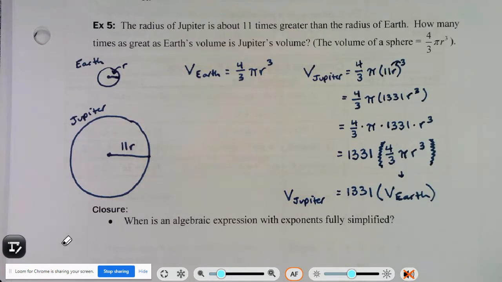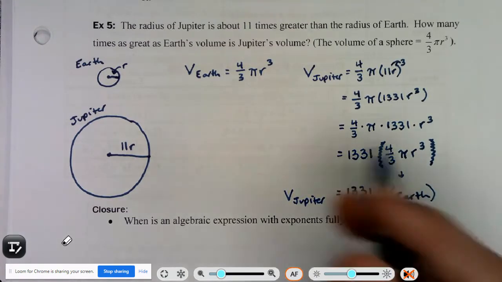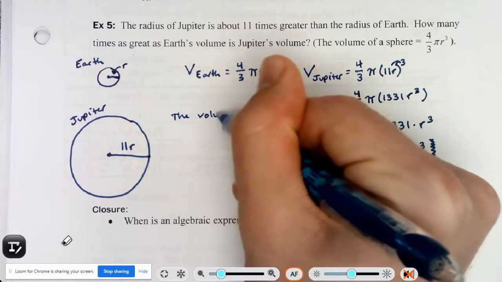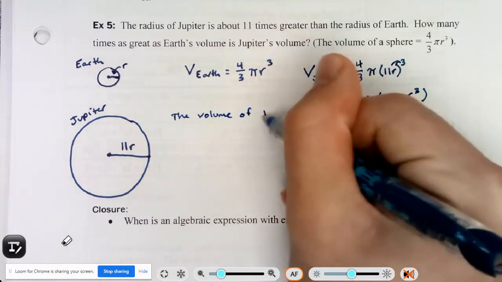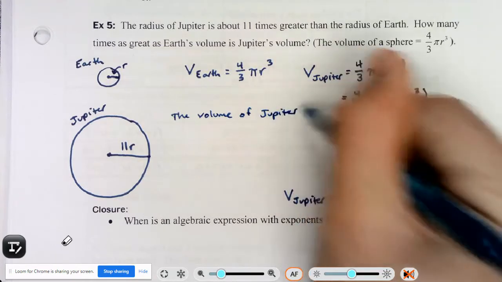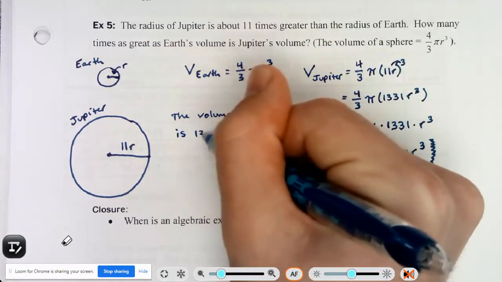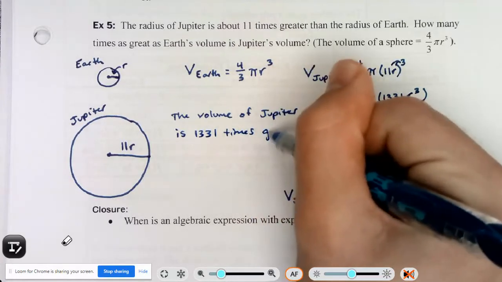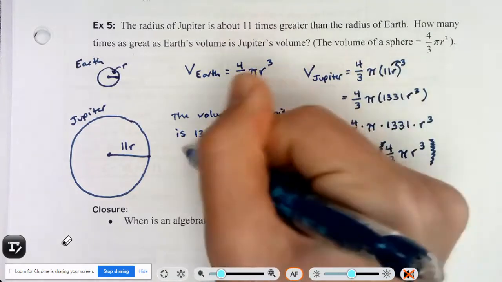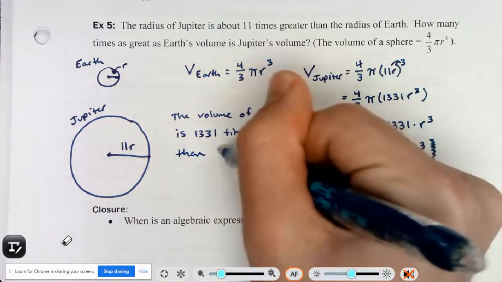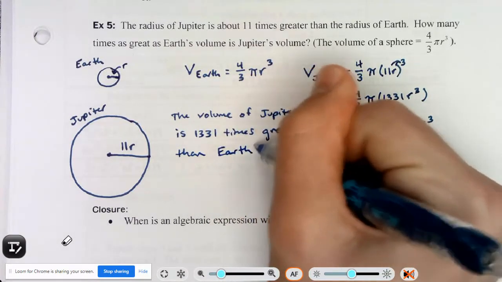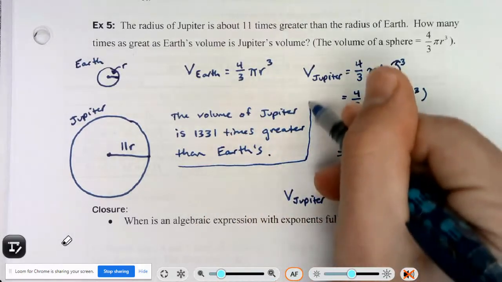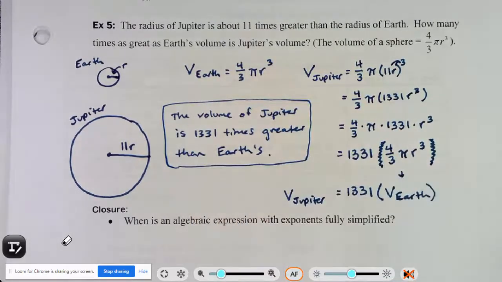I would write out the final solution as: the volume of Jupiter is 1,331 times greater than Earth's. And that is what we were looking to solve for.